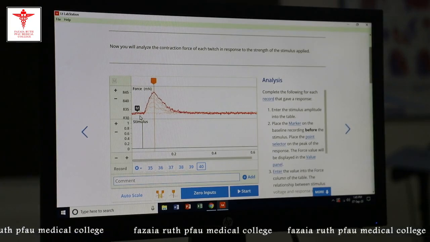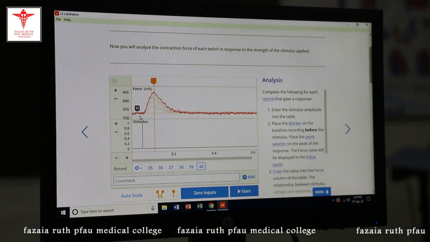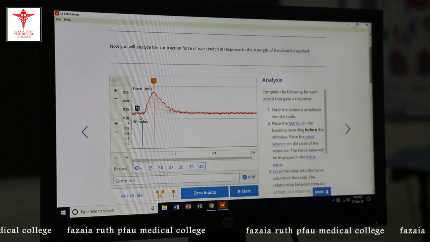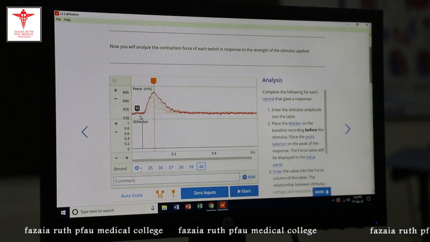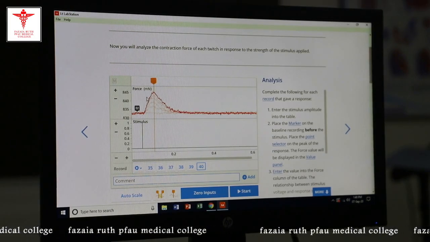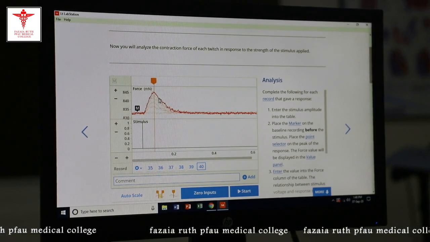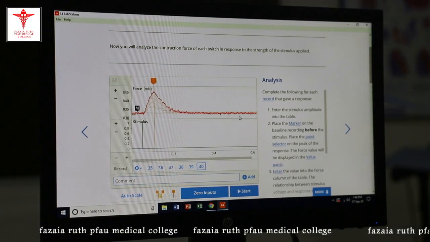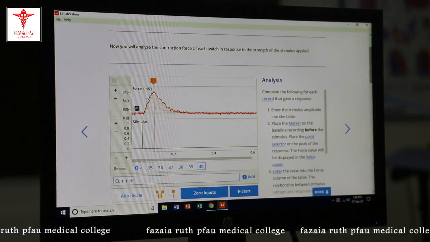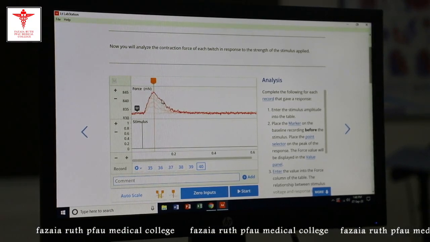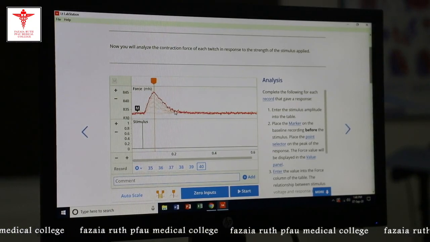It is the point from where the contraction begins. All right. So your latent period is over here, and then your contraction period starts, then your relaxation period starts. So this is going to be LP, latent period, this is going to be CP, contraction period, and this is going to be your relaxation period, which is RP.